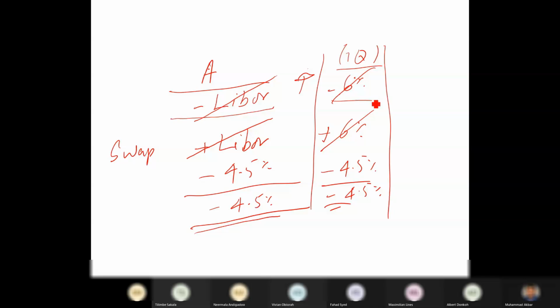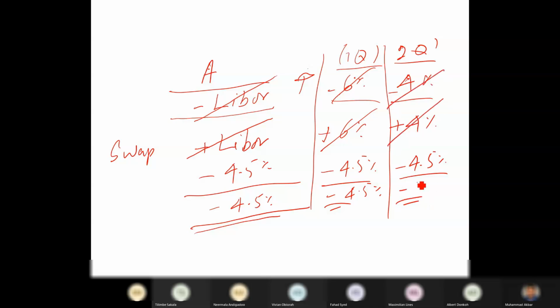Okay, so in quarter two, what is happening? Interest rates go down to 4%. So minus 4% it needs to pay, plus 4% will be received in the swap, and it is paying a fixed 4.5% in the swap. So this cancels with this and it is paying 4.5%. So no matter whether interest rates go up or go down, this company is paying 4.5%.